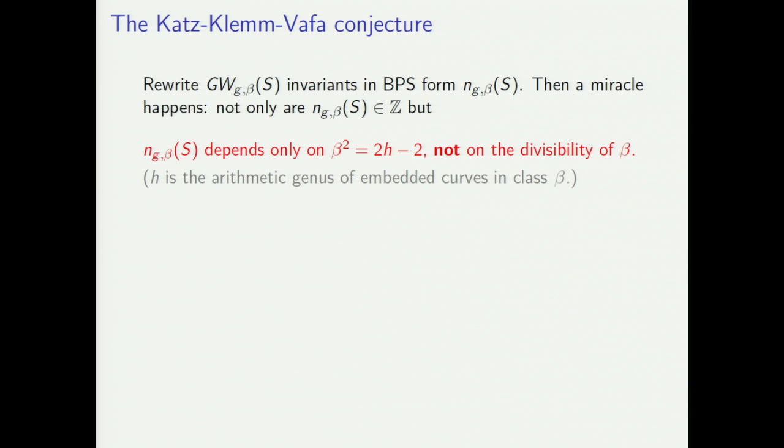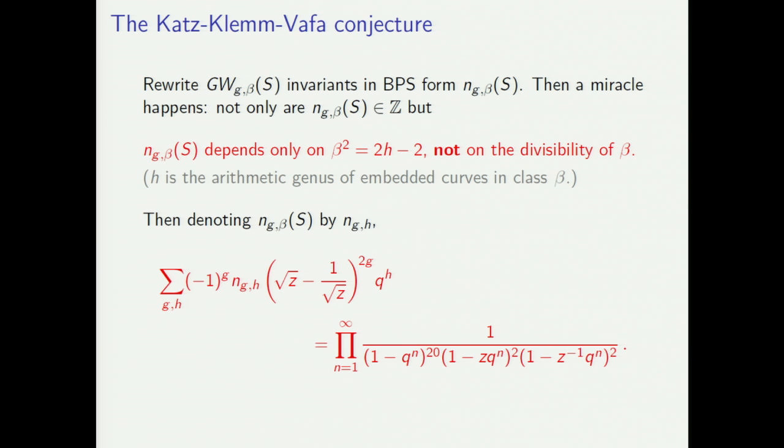So because it only depends on beta squared, it only depends on this h, I'm going to rewrite them in terms of h and then give you a formula. So we denote this by n_{g,h}. And then this is the KKV formula. So when you set z equals 1 in this formula, then you're just counting genus 0 curves. You're just taking g equals 0, and you get the Yau-Zaslow formula.